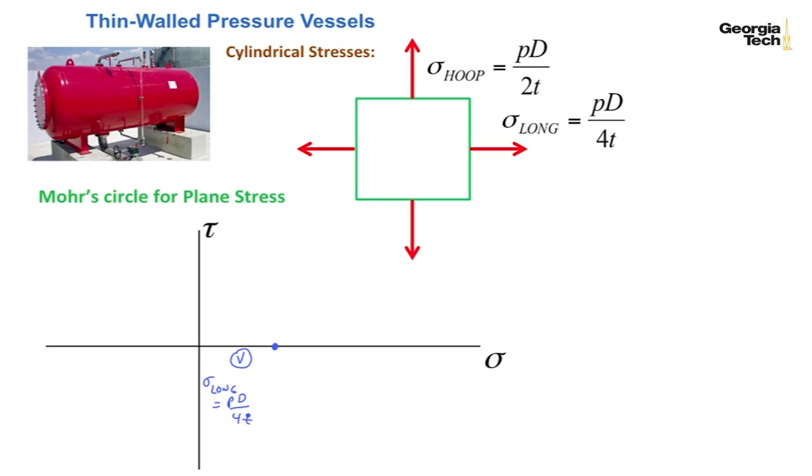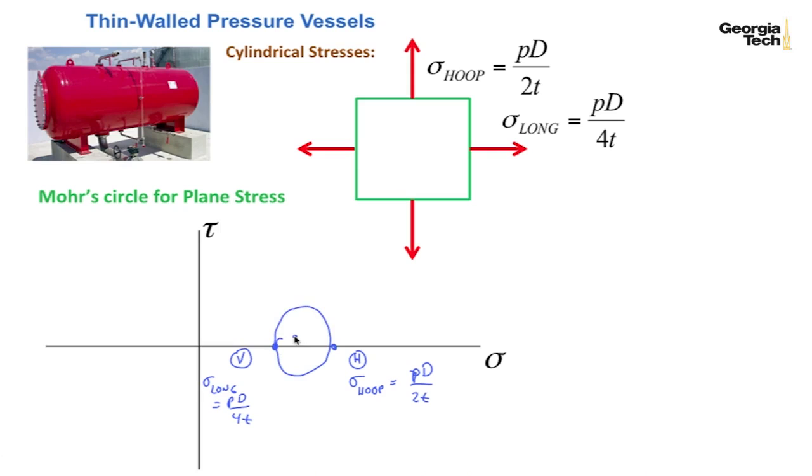And we have our horizontal axis stress, which is going to be PD over 2t, which is twice as far out on the axis as my vertical face. And so my horizontal face is sigma hoop, which is equal to PD over 2t. I now have 2 points on my circle. I can draw my circle.